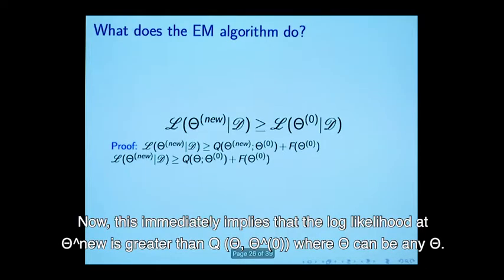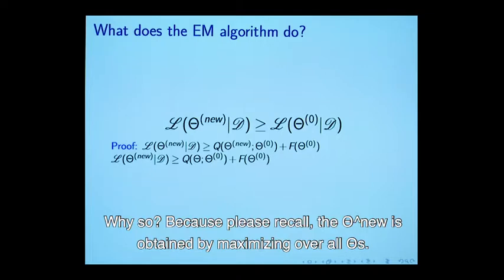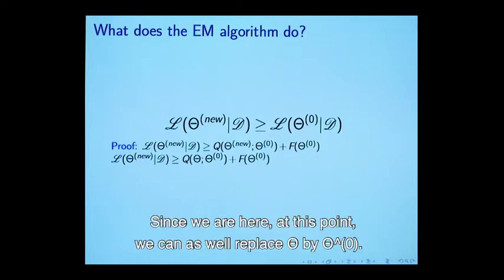Now, this immediately implies that the log likelihood at theta new is greater than Q of theta given theta naught, where theta can be any theta. Why so? Because please recall theta new is obtained by maximizing over all thetas. Since it is for all theta, you can replace theta by theta naught.